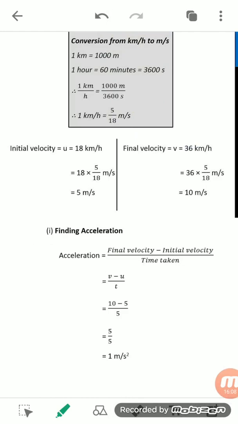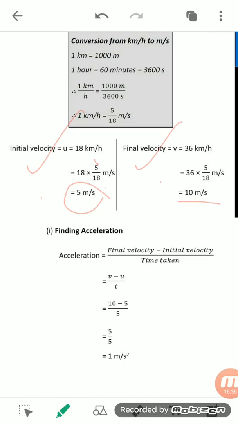When you multiply 18 km per hour with this, it will give 5 meter per second. 5 meter per second is the initial velocity, while the final velocity is 10 meter per second. Now we have to find the acceleration. So we know u, we know v, and we have to find a.